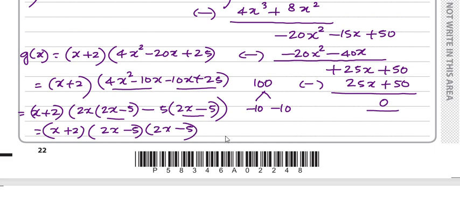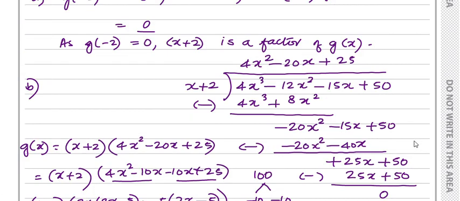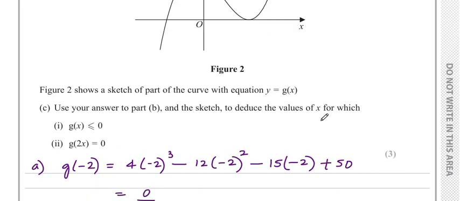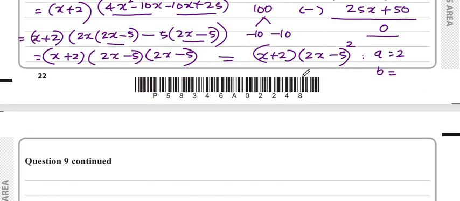This translates to x plus 2 times 2x minus 5 squared, which means a is equal to 2 and b is equal to, what did the question say here? ax plus b, right? So a is equal to 2, b must be equal to minus 5. Okay. So if you write it this way also, you'll get full marks there.